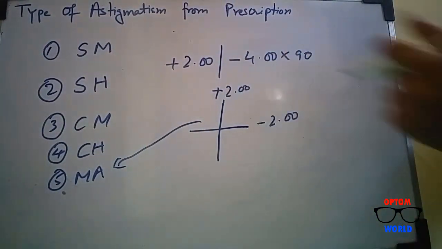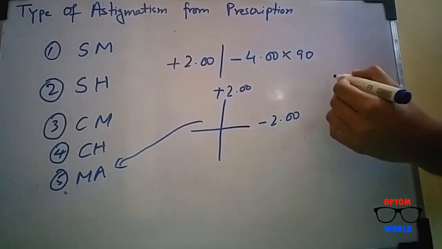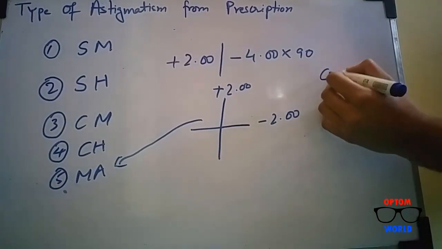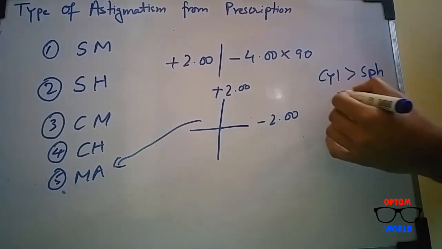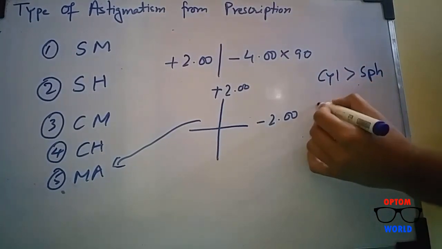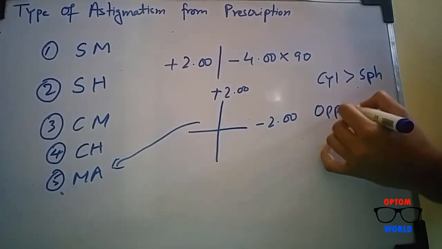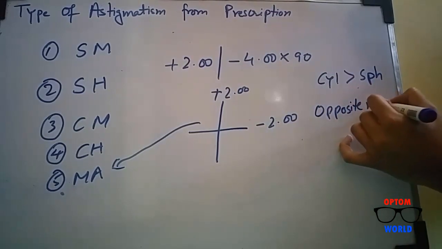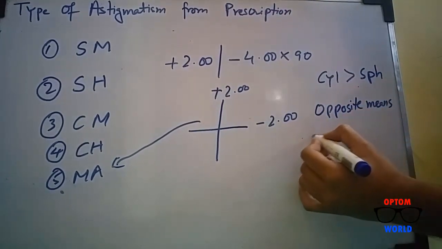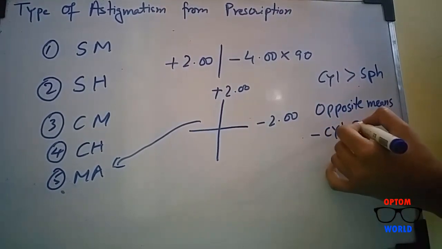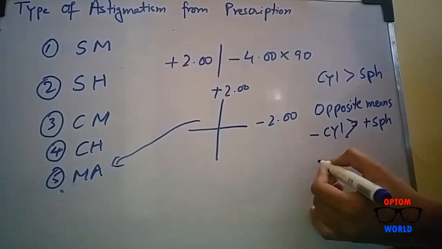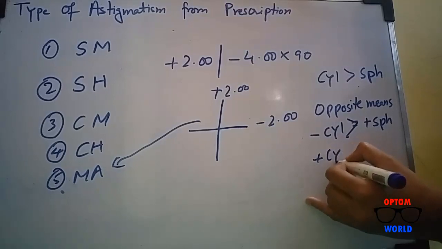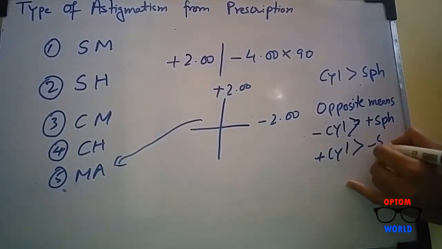Or we can say that for mixed astigmatism, cylinder should be greater than sphere and they both should be of opposite sign. It means that if cylinder is negative, then sphere will be positive, or if cylinder is positive, sphere should be negative.